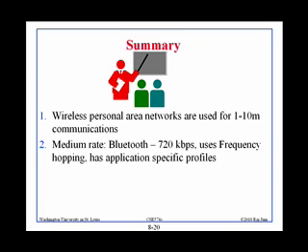It uses frequency hopping, and it has application specific profiles, and that means that whatever application is done, there is a whole set of standardized profiles which say that if you are a headphone, you do this, if you are this, you do that. So those are the profiles. We didn't discuss each profile, but if you find a book on Bluetooth, of which there are many, they will have chapters on each of these profiles. Okay.